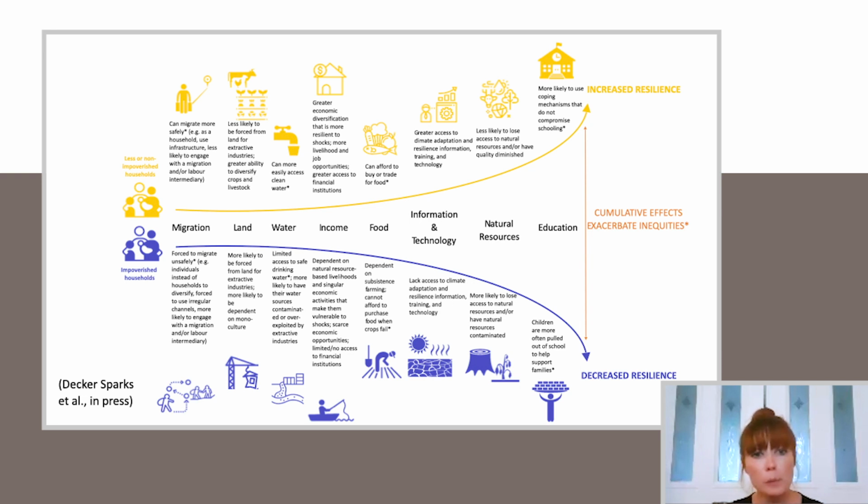So for example, with migration, which we talk a lot about in this space, less or non-impoverished households might be able to migrate more safely if they have to. If their natural environment is no longer providing the resources to sustain them, or there is some type of natural hazard due to climate change and they're no longer able to live in that area, they're much more likely to be able to migrate safely than impoverished households are.